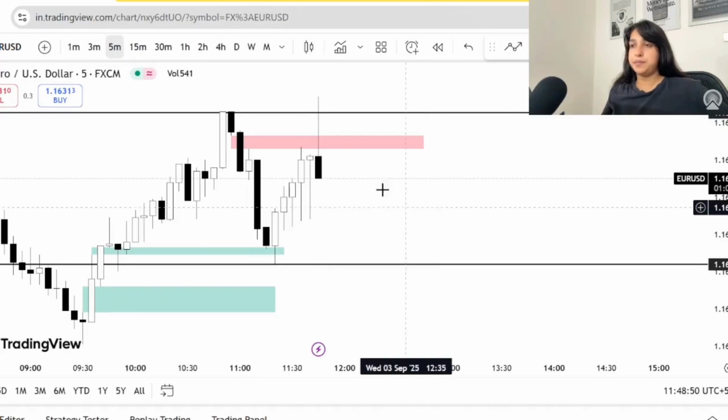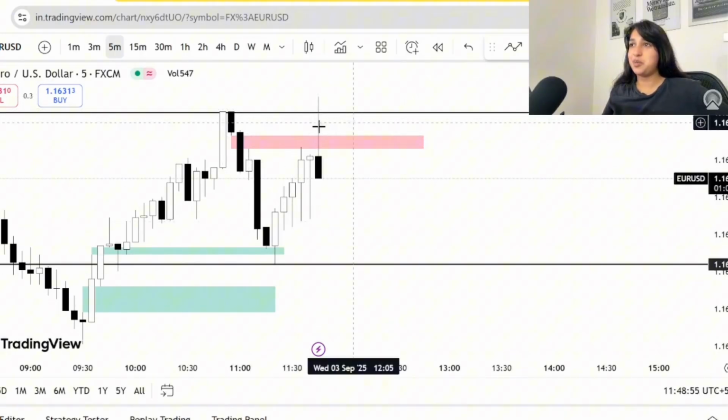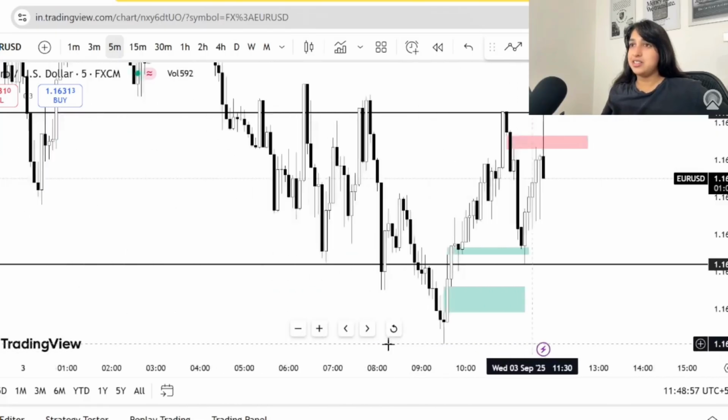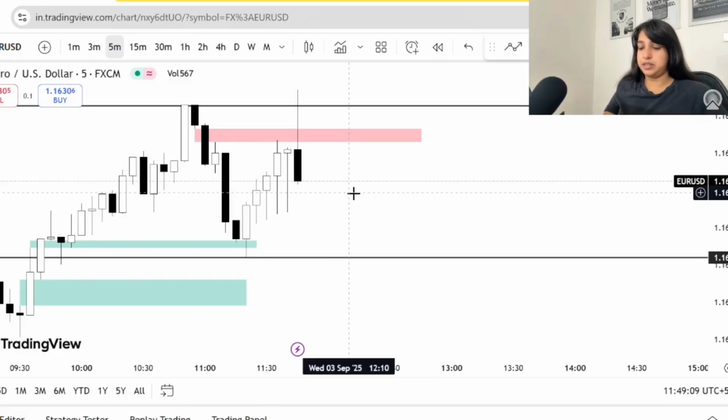Perfect. See how good there was a rejection from this particular point that we marked. Okay. Let's see for the structure, and then we're gonna enter the trade. So let's see if we get any opportunity to enter.